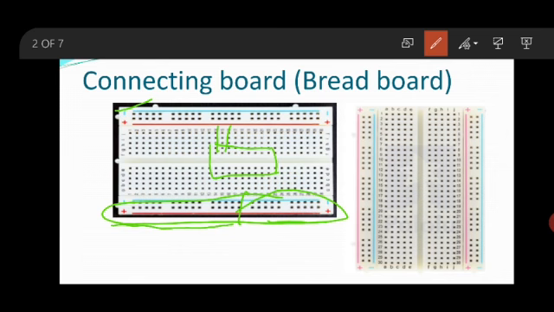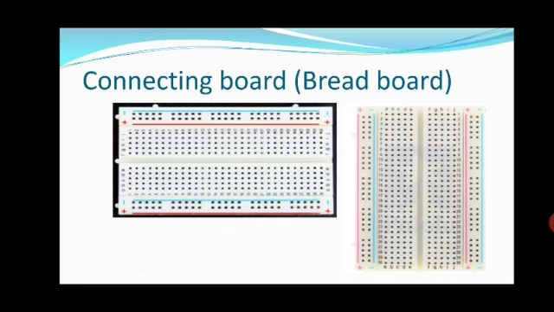Now this on the right side is the same breadboard in a vertical way. However you want, you can place it and make a connection here. I hope you understood the basic breadboard operations and how we can use it for connection purposes.